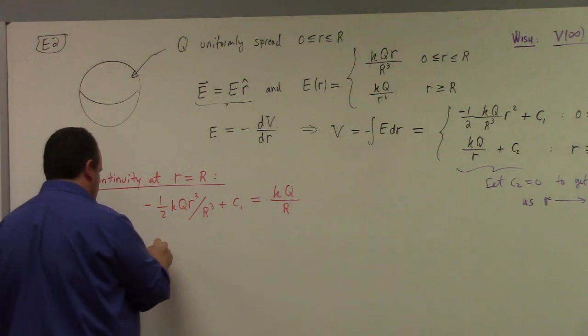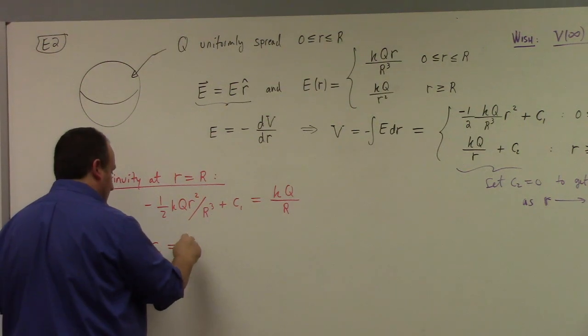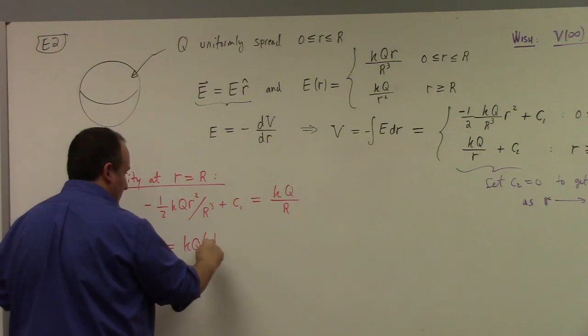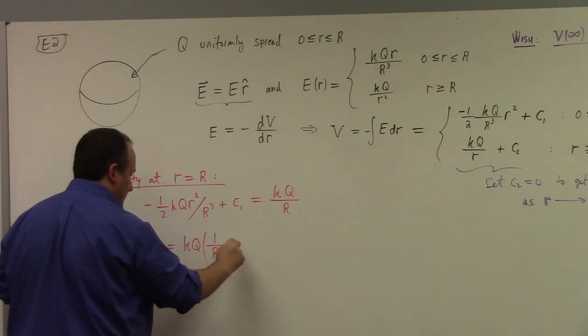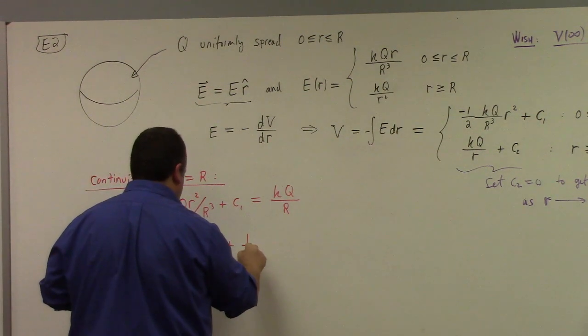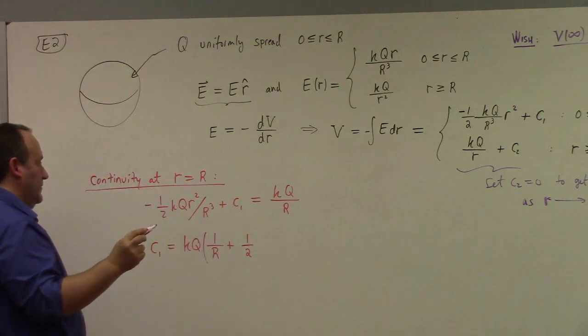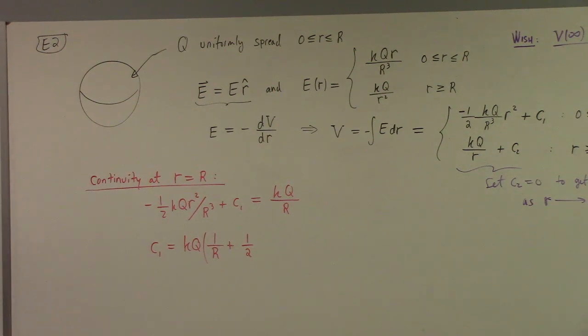Solve. So C1, apparently, it's got to be kQ times 1 over R plus 1/2. Oh, my bad. What did I just say? At what?